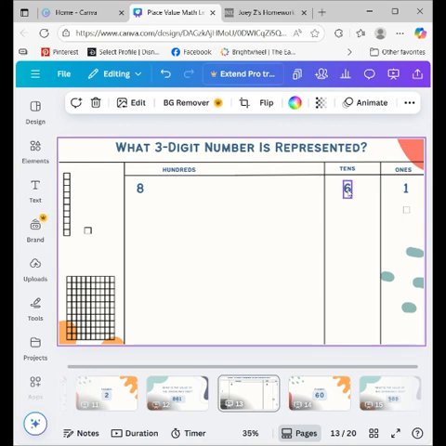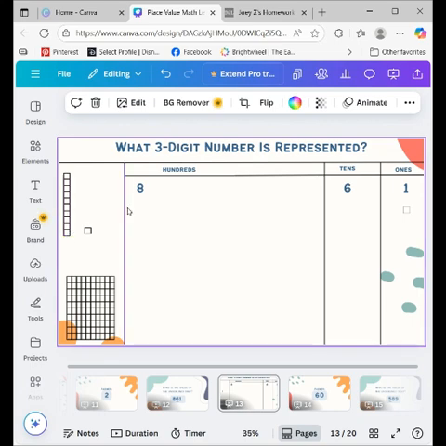Yes, 6. But of which bar, which grid do we need to bring over? So remember, we can always count. 1, 2, 3, 4, 5, 6, 7, 8, 9, 10.